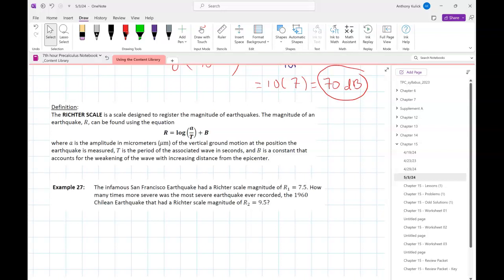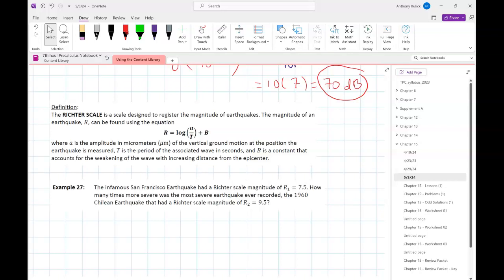So the Richter scale is designed to measure the magnitude of an earthquake. R represents the magnitude, and our formula is R equals log of A over T plus B, where A is the amplitude in micrometers of the vertical ground motion at the position the earthquake is measured.